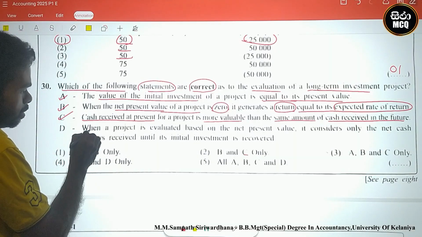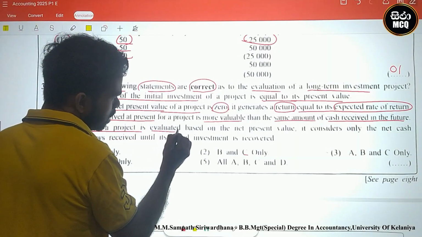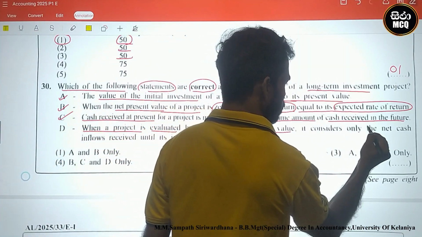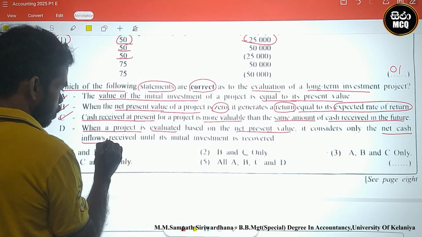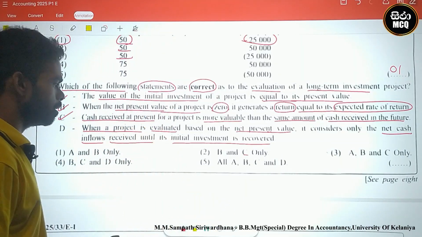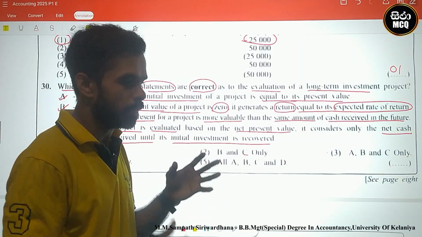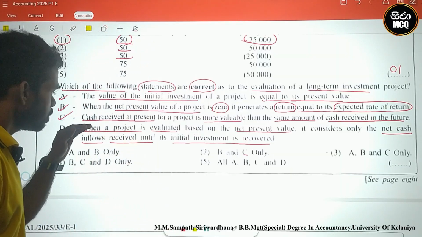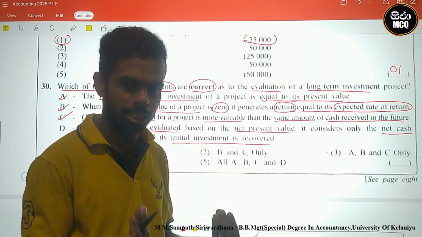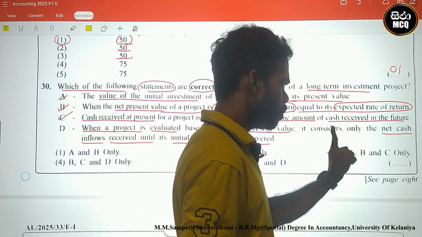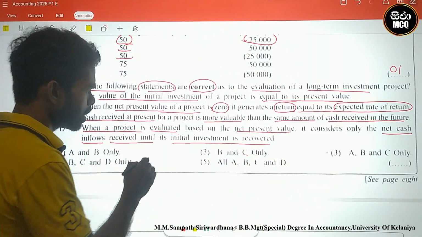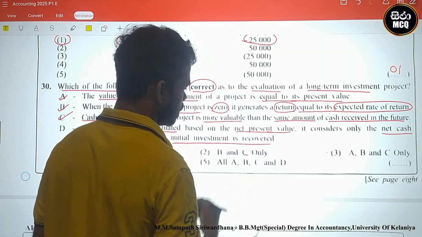Now this last one. When a project is evaluated based on the net present value, it considers only the net cash inflows received until its initial investment is covered. Look here, you know the payback period at that point. Is it true that when the project is evaluated based on the net present value calculation, it considers only net cash flows received until its initial investment is covered?